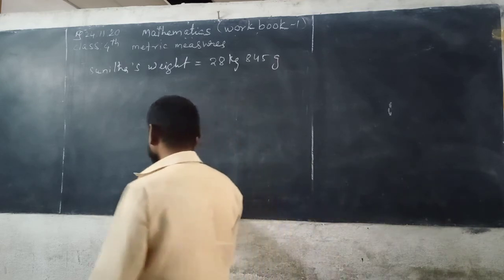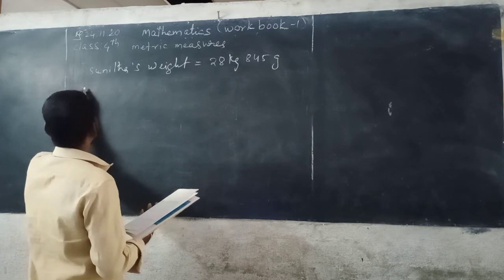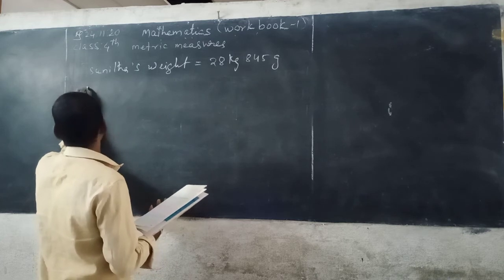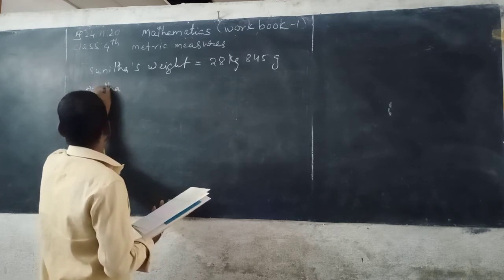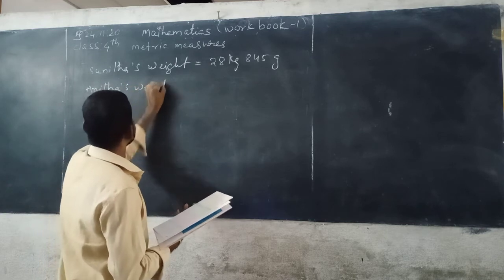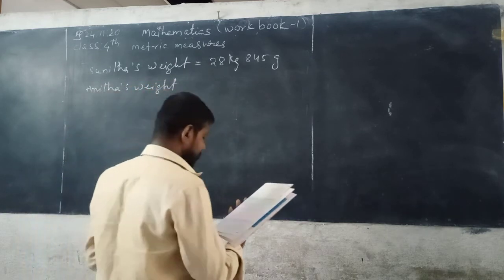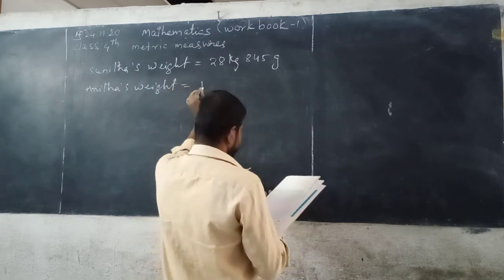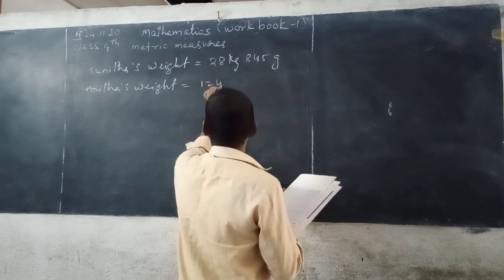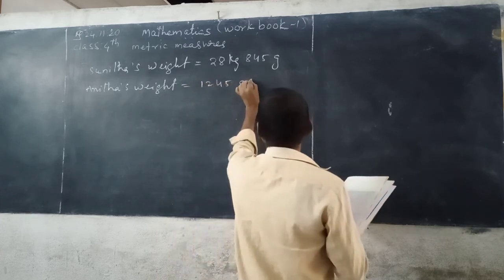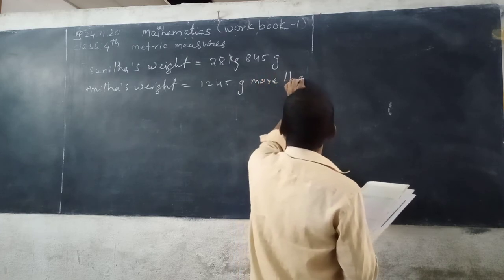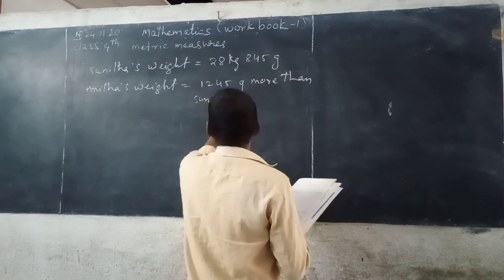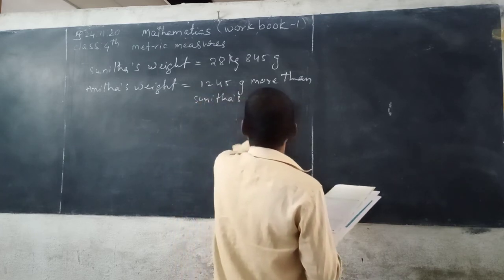See Anita's weight is 1245 grams more than Sunita's weight.